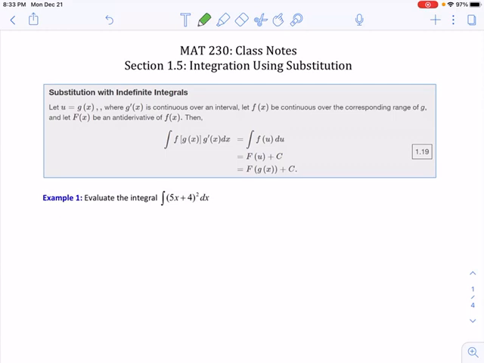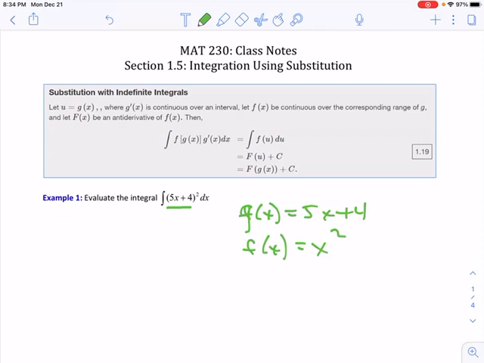So I see that I have a composite function. The composite function is 5x plus 4 raised to the second power. The inside function, f of x, is 5x plus 4. Or I'm sorry, g of x. That would be g of x. The outside function is x squared.